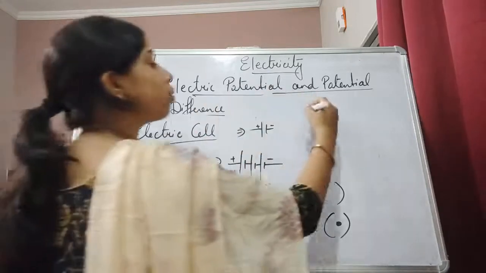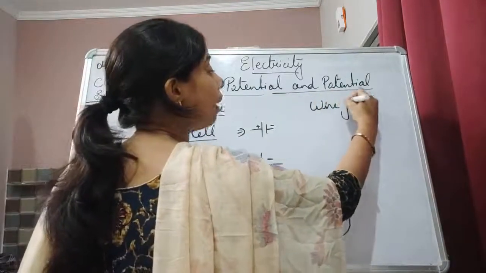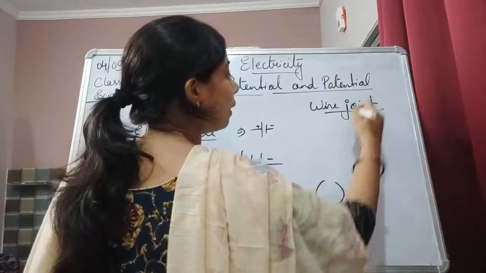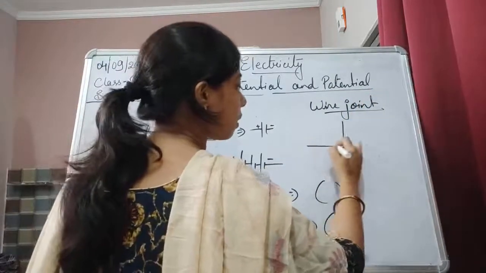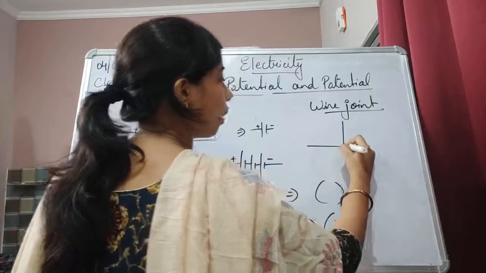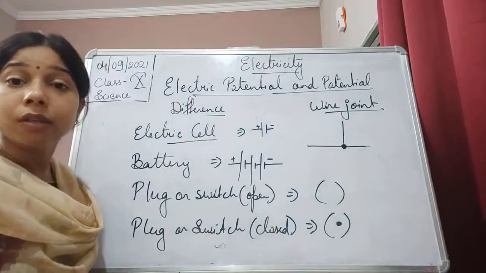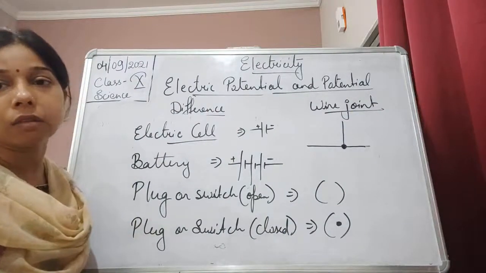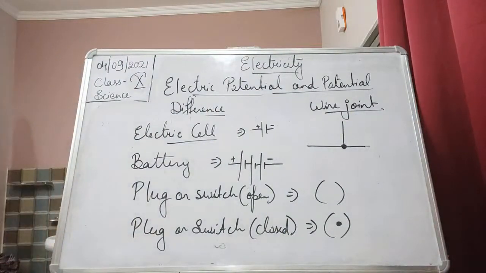Now if we want to show a wire which is joined, it can be shown by one wire, another wire, and another one, and these are all joined together like this. So this is the joining of the wire, or joint wire.